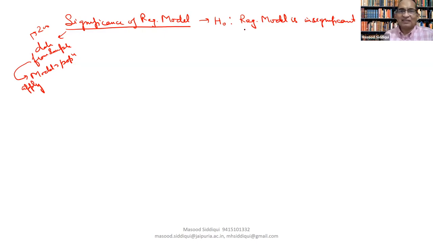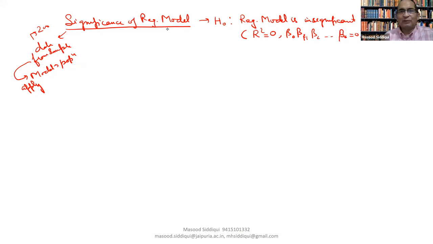So the regression model is insignificant means R square, we will discuss what we mean by R square, R square would be zero. And all coefficients, beta 0, beta 1, beta 2 up to beta 6, would also be 0. Means there is no significant regression coefficient. So we will examine this H naught, and obviously H1 would be the opposite of this.